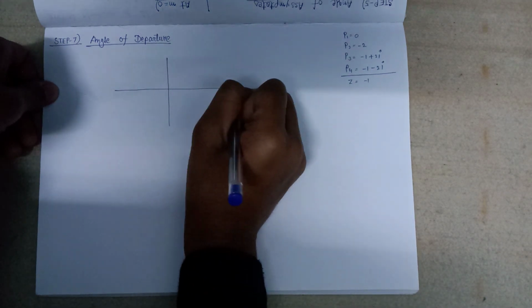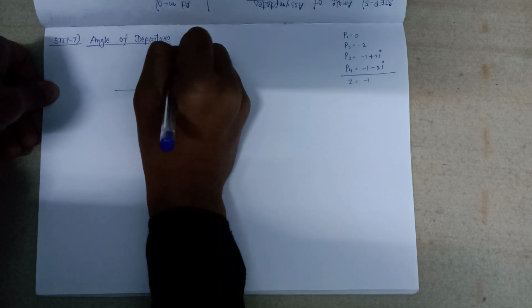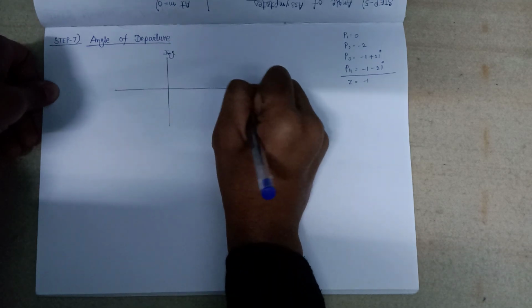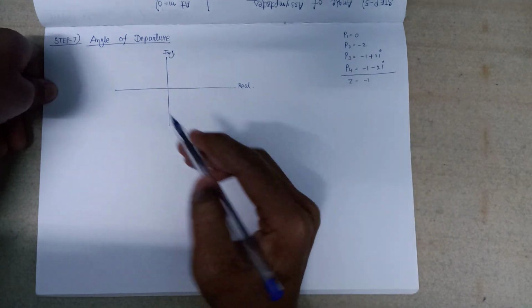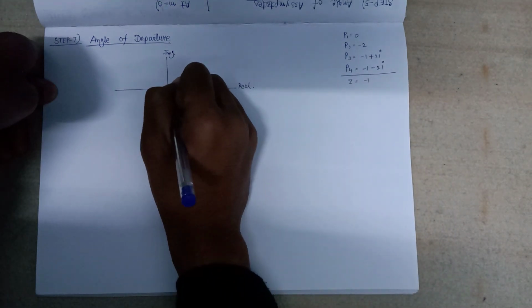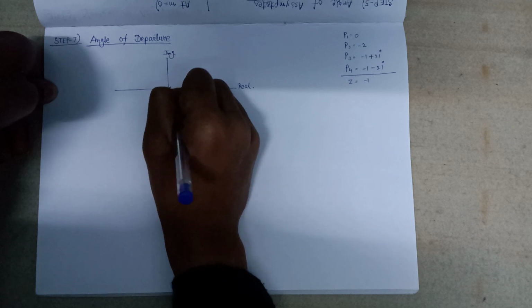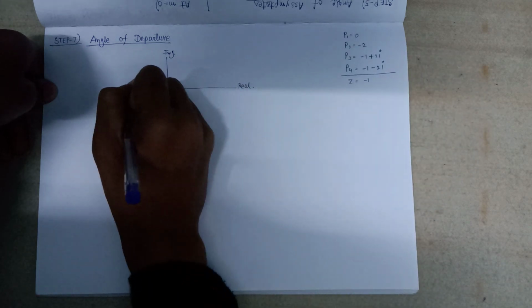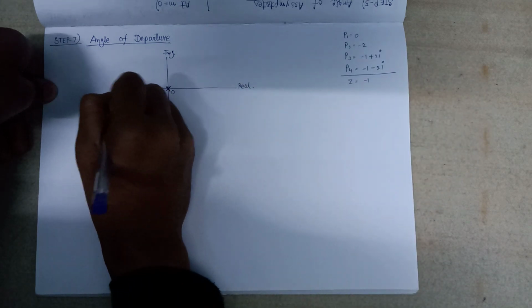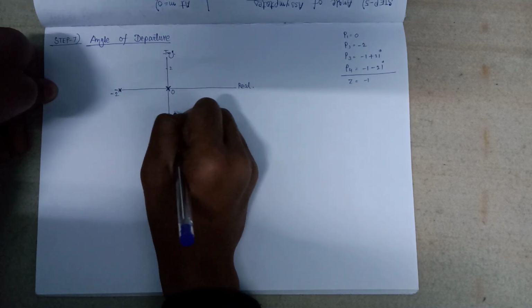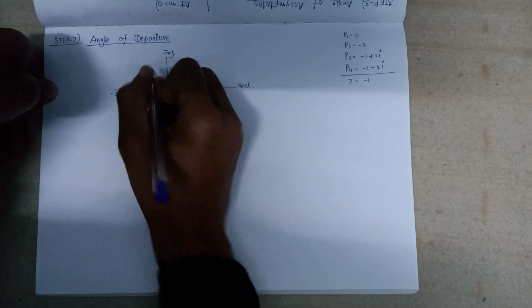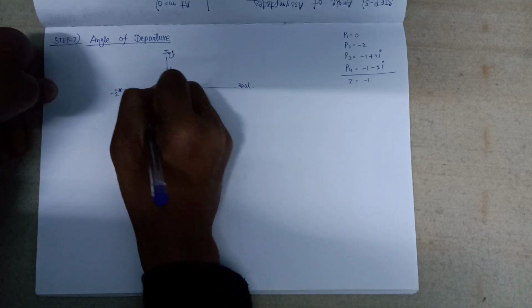It is our S-plane, it is our imaginary axis, it is our real axis. Firstly we will plot all the poles and zeros onto the S-plane. So pole P1 lies at 0, pole P2 lies at minus 2, here is 2, here is minus 2, here is minus 1.